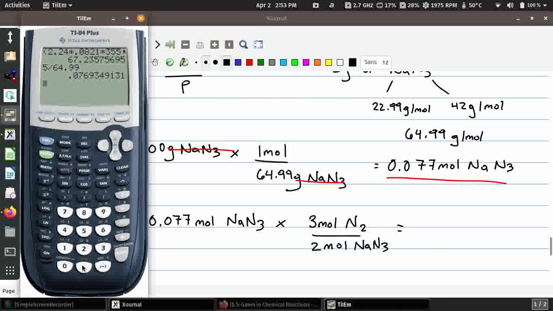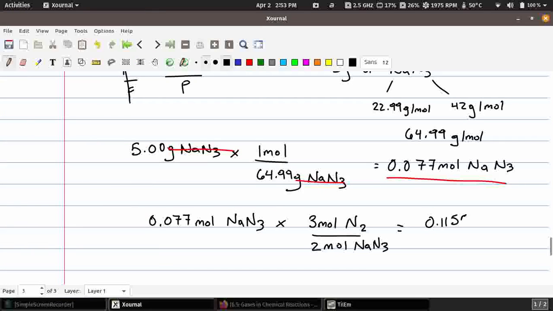So let's plug this in the calculator and see what we get. So that means we're going to make a total of 0.1155 moles of nitrogen gas.